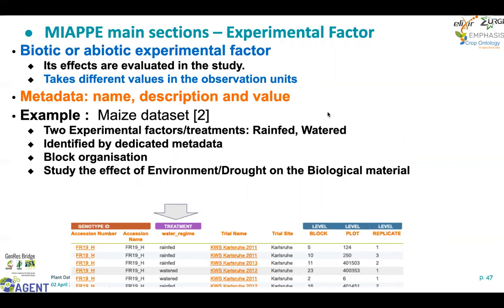It includes as metadata name, description, and value. As an example, for the maize dataset, you've got 2 experimental factors, treatments, which are rain-fed or watered, and they are identified by dedicated metadata. They are traced through block organization, and they allow to study the effect of environment and growth on the biological material. Here you've got an example.